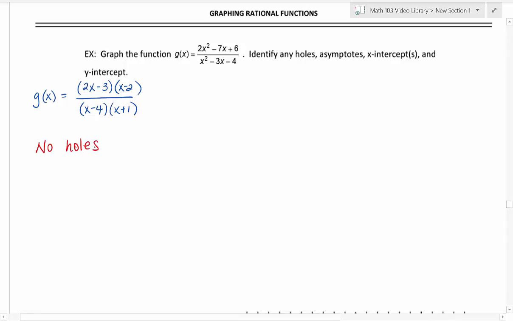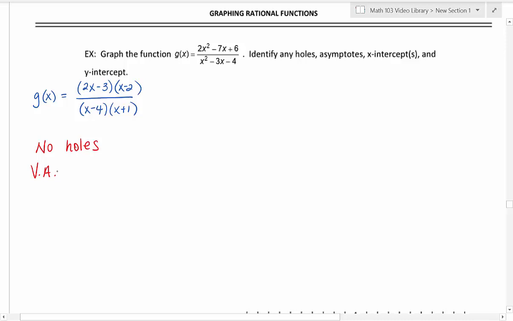Next, we look for vertical asymptotes. Vertical asymptotes occur at the zeros of the simplified denominator. Our denominator didn't simplify, so we're just looking at the original denominator. We have factors of x minus 4 and x plus 1.